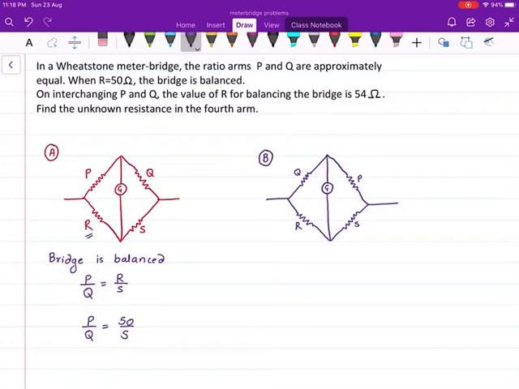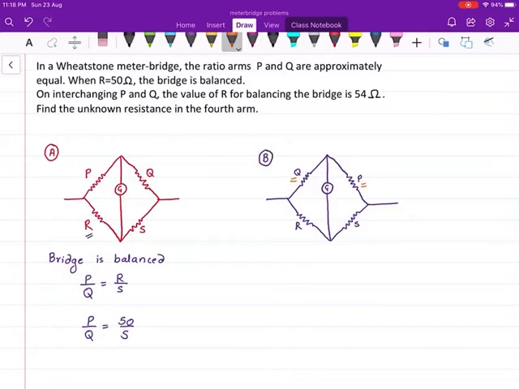Now what is the second part of the problem? On interchanging P and Q, now Q comes here and P comes here. The value of R for balancing the bridge is 54 ohm. So again the bridge is balanced. But now according to this bridge, what will be the equation?